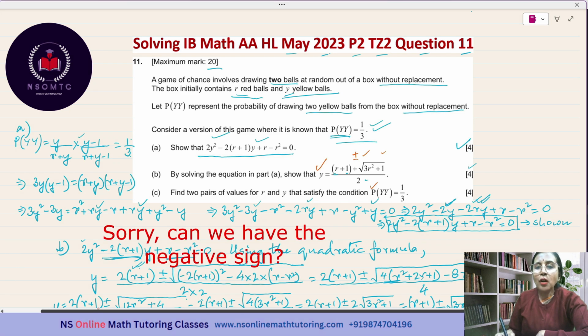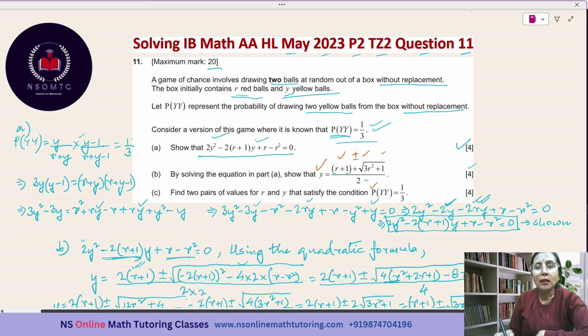If square root of 3r squared plus 1 is less than r plus 1, definitely we can take. Suppose square root of 3r squared plus 1 is 2 and r plus 1 is 5. I'm just taking one arbitrary case, and these two are connected by a minus sign.